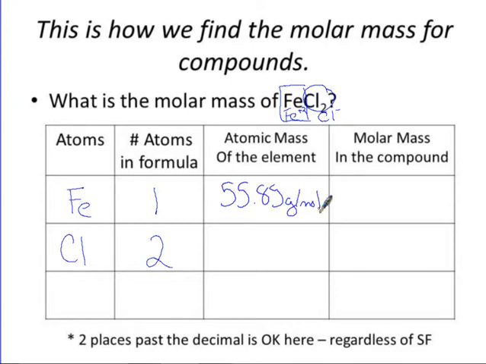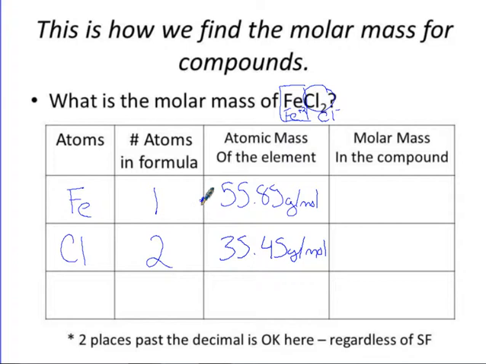Okay, and then chlorine or chloride ions have 70. Oops, excuse me, I take that back. Getting ahead of myself here. Chlorides are 35.45 grams per mole.